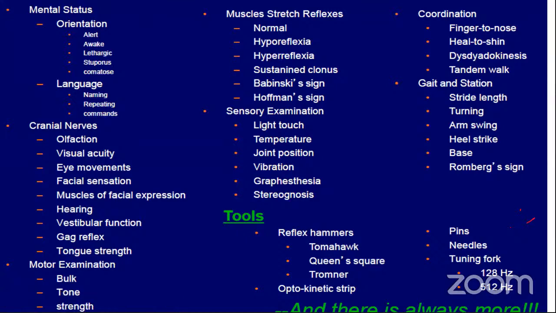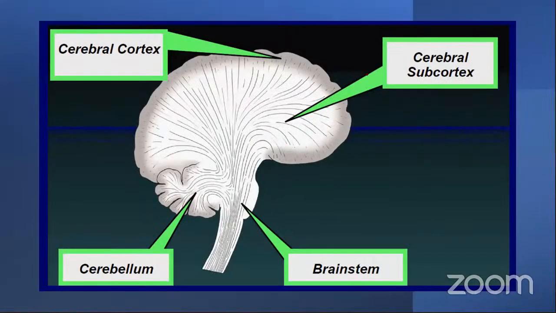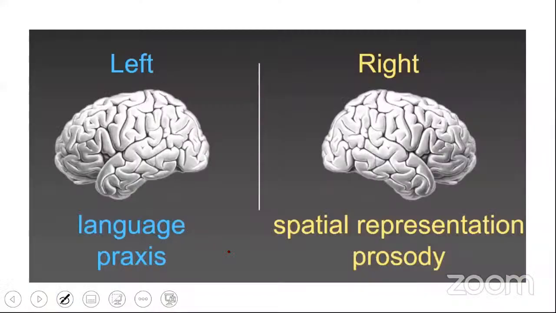What is the big picture which is telling us? See, the cerebral cortex, the cerebral subcortex, the cerebellum, and the cervicomedullary junction which you have. So this is a big picture, and there is a left side of the brain and a right side of the brain. The left cerebral hemisphere is useful for two important functions: one is language, the other is praxis.